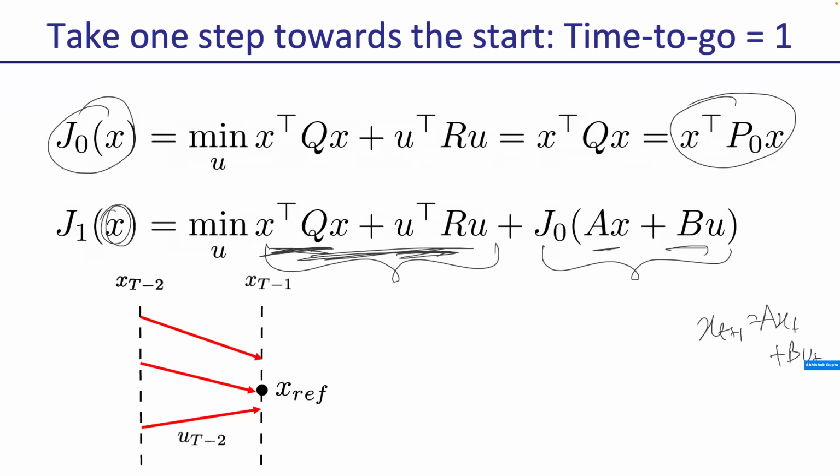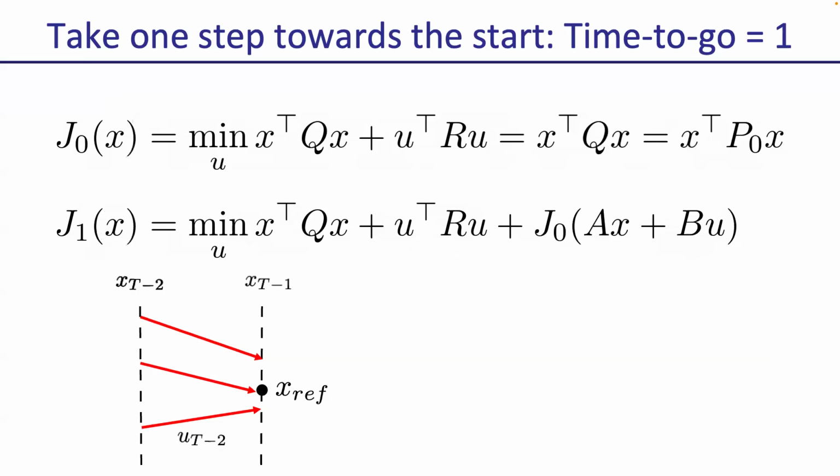You know that you're going to transition to a new state AX plus BU, and that's going to be your cost to go for the last step. You can think of this as your immediate cost, and you can think of this as your future cost. We're going to try and minimize this with respect to u.